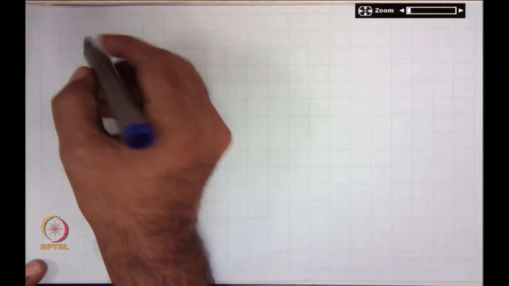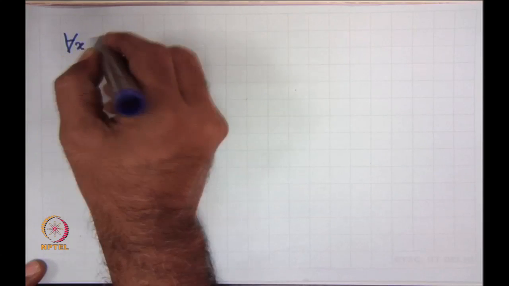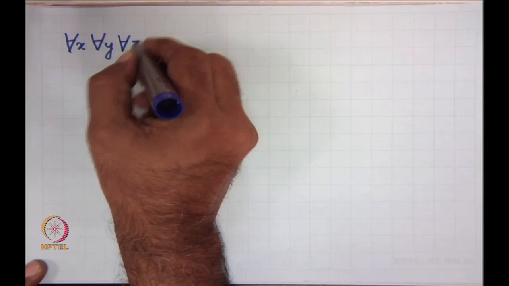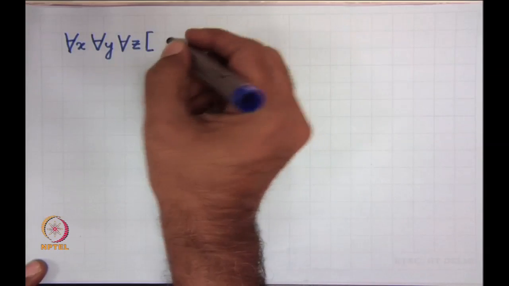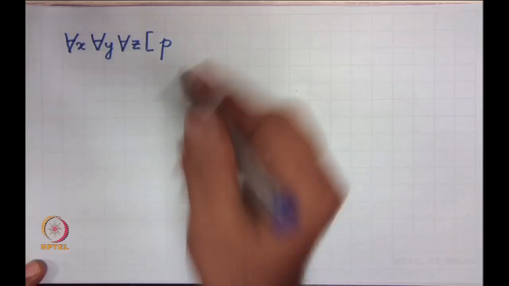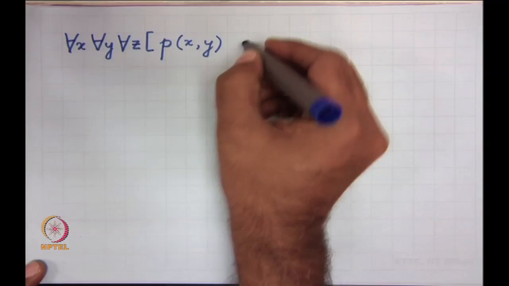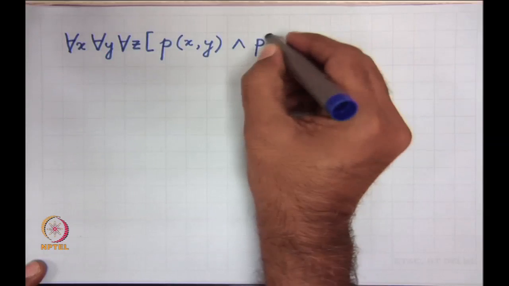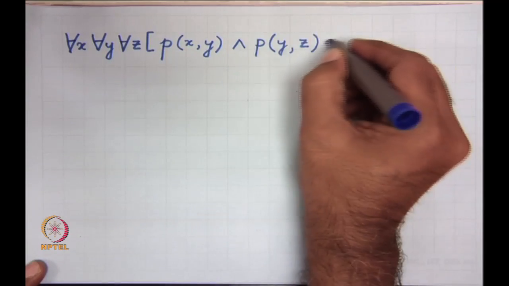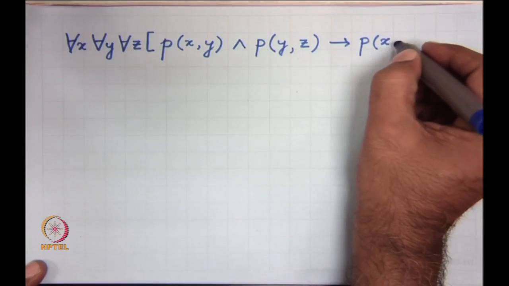Then what we are saying is, for all x, for all y, for all z, with p some binary atomic predicate, p of x y and p of y z implies p of x z.